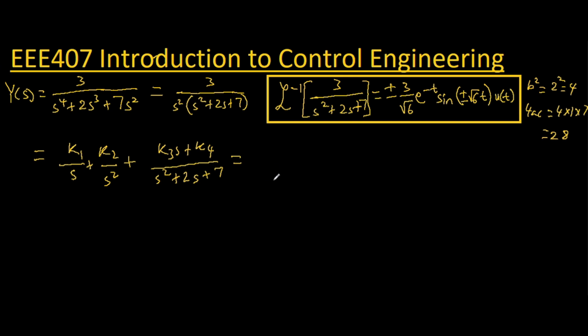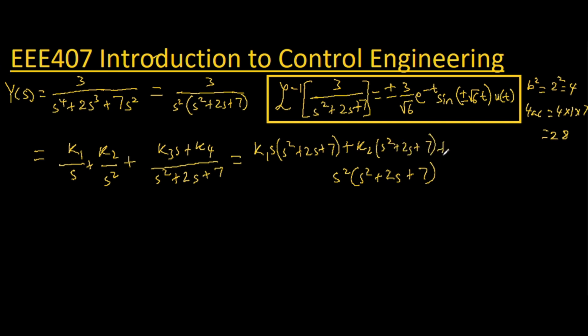In the denominator you'll have s squared into s squared plus 2s plus 7, and in the numerator you'll have k1s into s squared plus 2s plus 7, plus k2 into s squared plus 2s plus 7, plus k3s plus k4 into s squared.